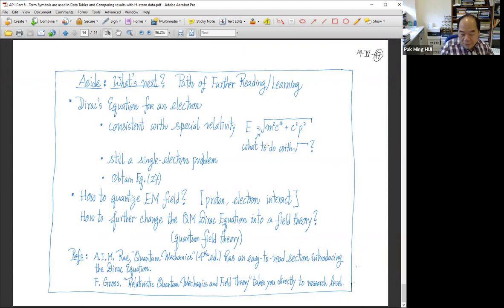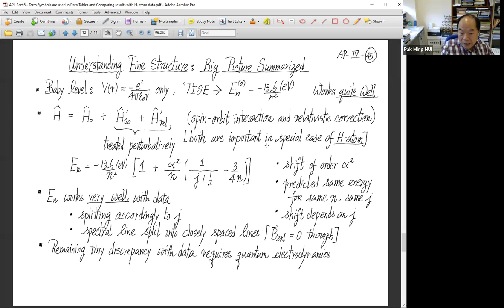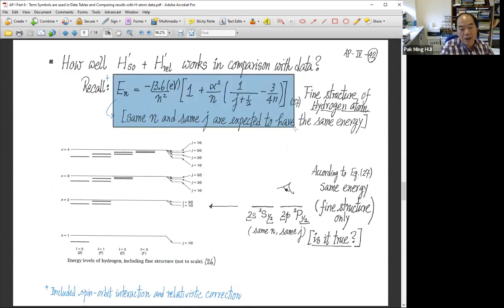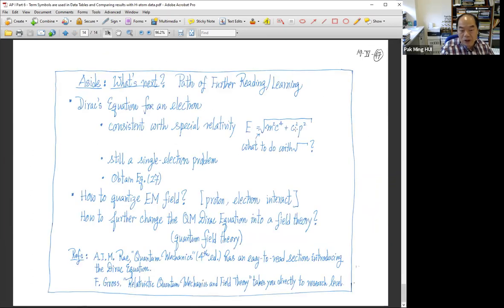And if you understand this, you are able to put the Coulomb potential into the Dirac equation and obtain this result directly. Another lovely product of the Dirac equation is that we don't need to learn the spin-orbit interaction separately.